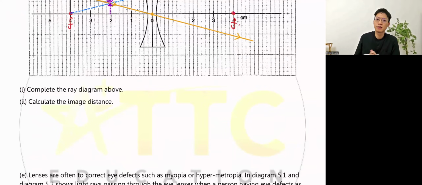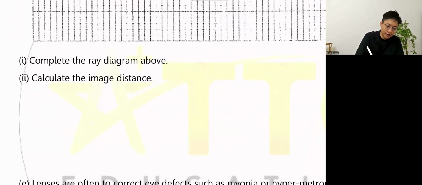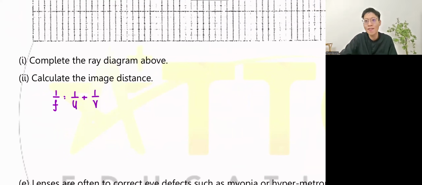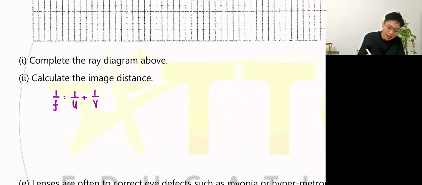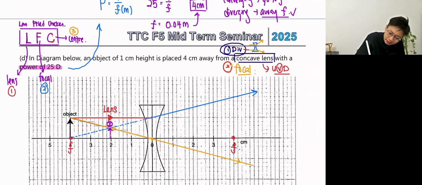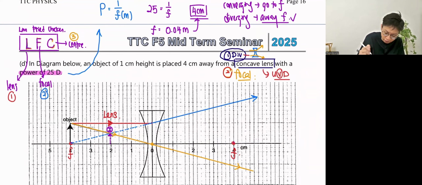Now if I calculate the image distance here, I use 1 over F equals 1 over U plus 1 over V. My focal length counted earlier is 4 cm, correct.